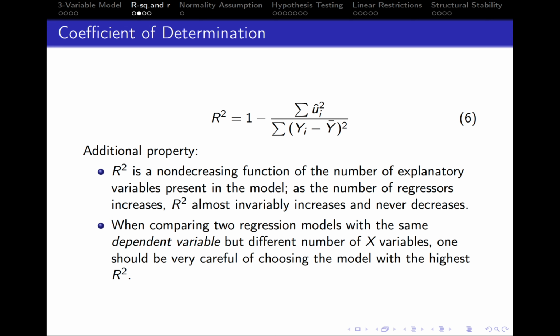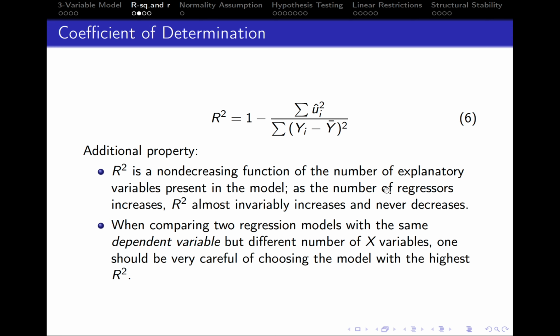So the mistake that you might make is that, for example, you have 2 models, one with 2 independent variables and the other with 5 independent variables. When you compare their R squared, you will see that R squared is higher in the case of the 5 variable model, and here is the explanation why.